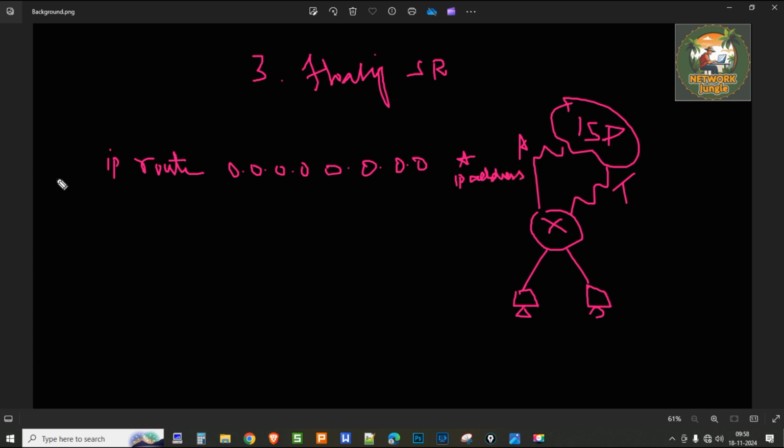Which one is the primary? You need to configure the administrative value. Then the backup path, that is the floating static routing. Same command, 0.0.0.0.